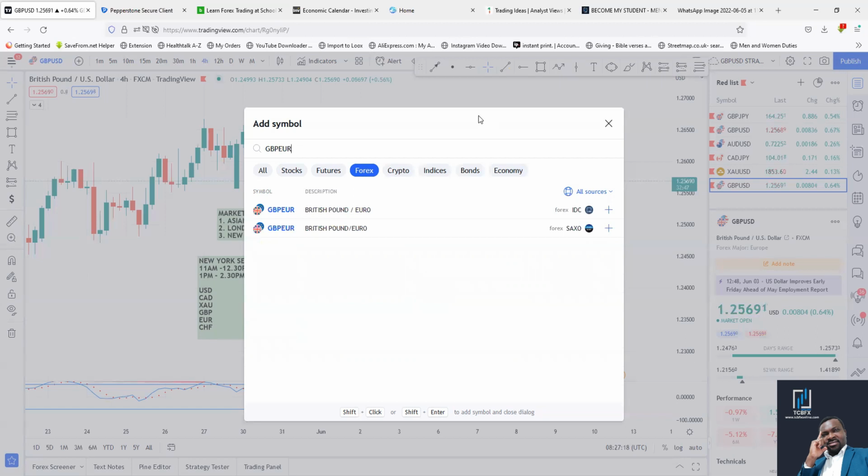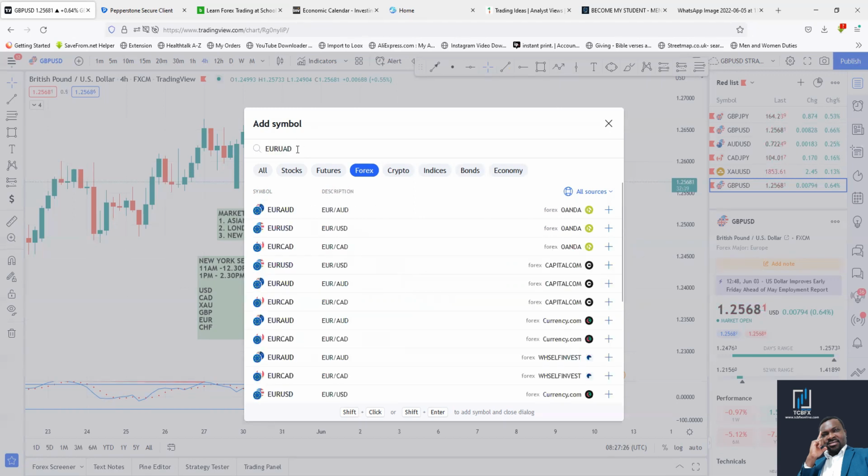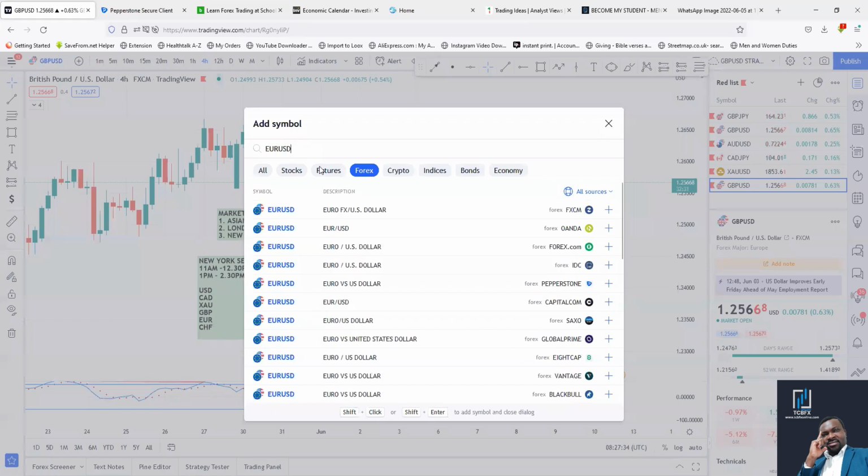So that's why you see a lot of people trade EUR USD. They trade this, which is fine.